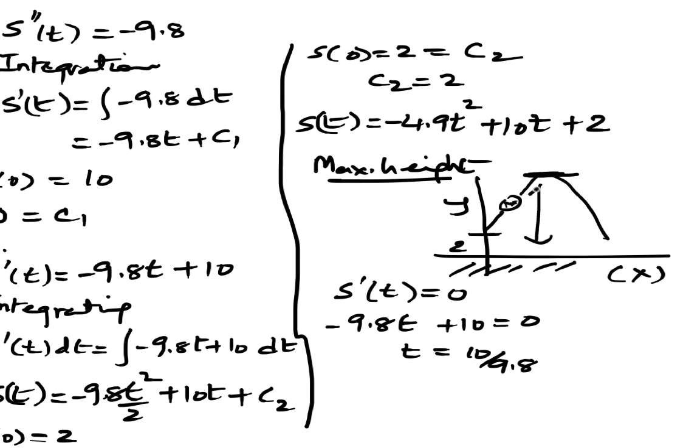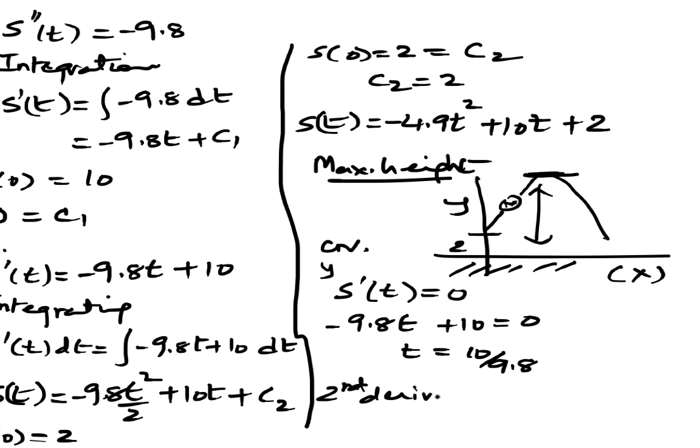Now remember, we want to find the maximum height here. You can apply the first derivative test, and you will see this is where the maximum height occurs, or you can also apply the second derivative test. Let's apply the second derivative test, because this is where you put in the critical numbers. Now remember, this one gives me your critical numbers, and then you apply the second derivative test.